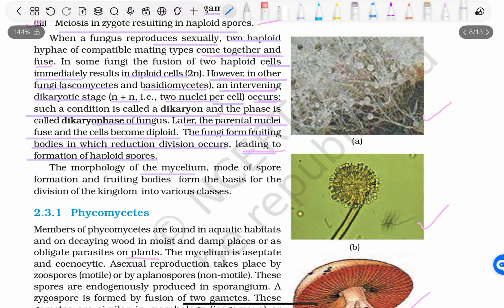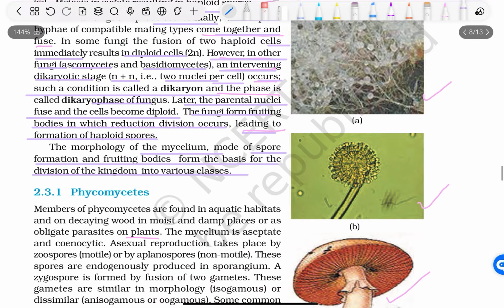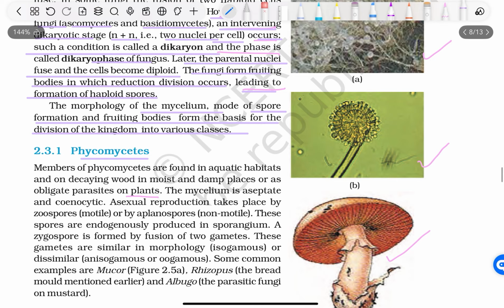The morphology of the mycelium, mode of spore formation and fruiting bodies form the basis for the division of the kingdom into various classes. Phycomycetes, 2.3.1, that is a type of fungi. Members of Phycomycetes are found in aquatic habitats and on decaying wood in moist and damp places, or as obligate parasites on plants. The mycelium is aseptate and coenocytic.